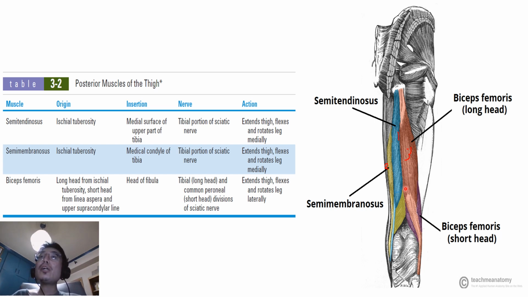And we can easily remember this because of its location. The biceps femoris is located laterally and therefore rotates the leg laterally, while the semimembranosus and the semitendinosus are located medially and therefore rotate the leg medially.